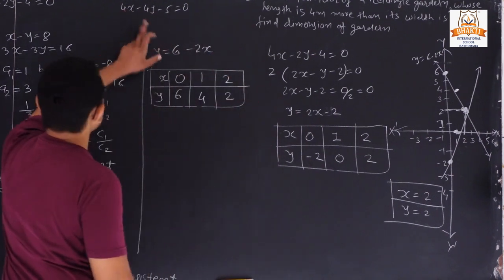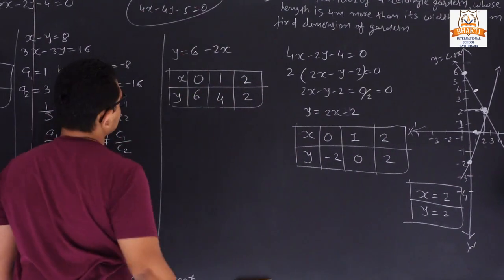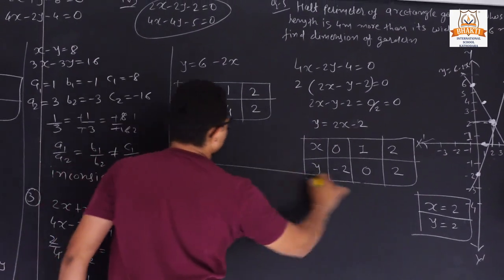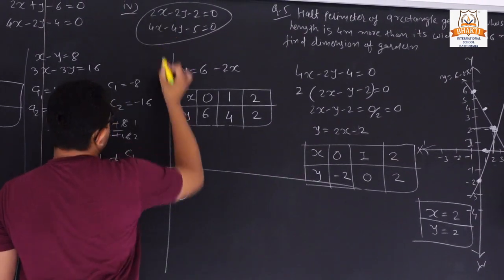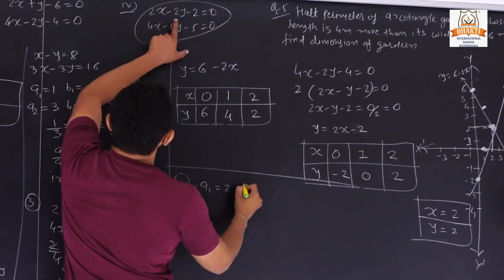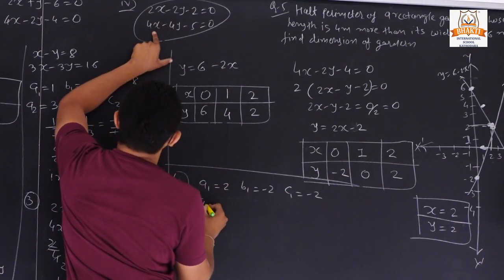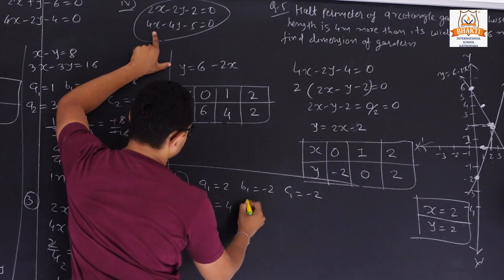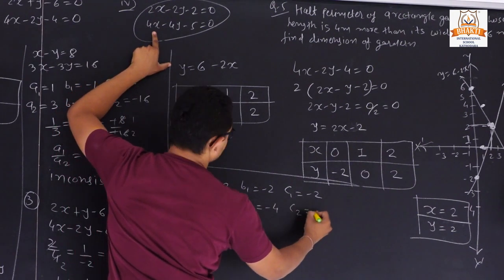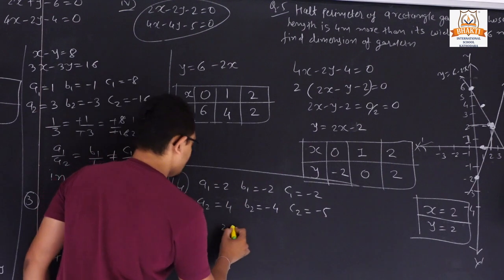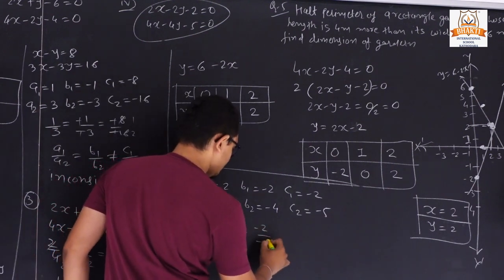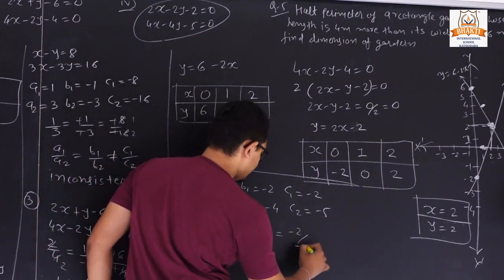Now next, last question, question number 4. Now comparing a1 is 2, b1 is minus 2, c1 is minus 2, a2 is 4, b2 is minus 4, c2 is minus 5. So 2 by 4, minus 2 by minus 4, minus 2 by minus 5.